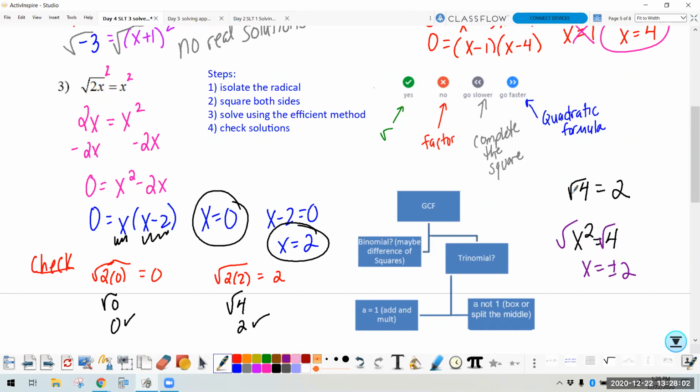Versus simplifying is just, what times itself, like what does the square root of 4 simplify to? It's just positive 2.